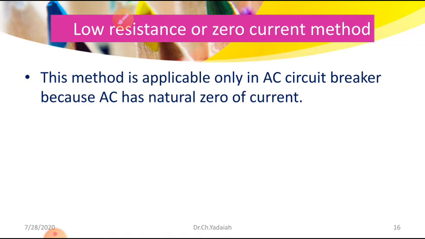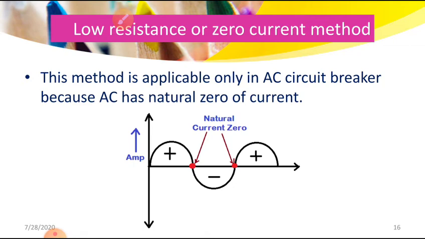You can see the figure here. This is the amperes, positive wave, negative wave, positive wave, continuous. It is 50 cycles per second. Now you can see each cycle, positive and negative, consists of 2 zero crossing points. These zero crossing points can be used for quenching purposes.